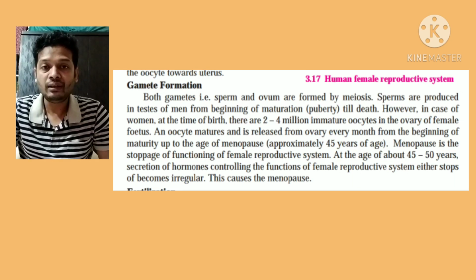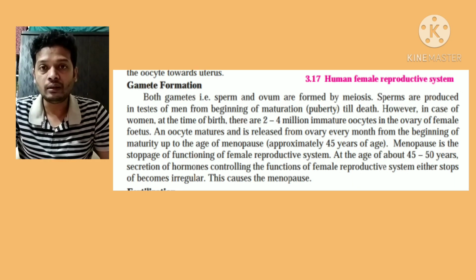I think 2 to 4 million eggs or ova are already present in the girl child at her birth. Once she reaches puberty, alternately from every ovary, one egg at a time starts becoming mature, and then once it becomes mature, it is released from the ovary and taken via the funnel shaped part of the oviduct, and the process continues.